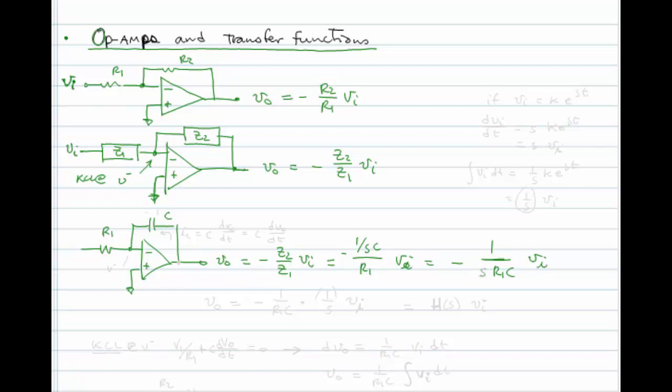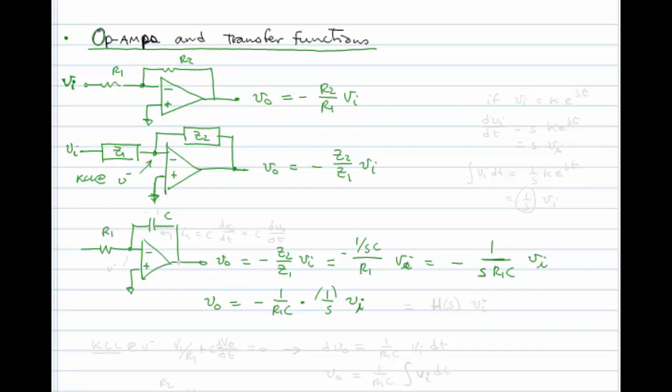Okay? And what this tells us is essentially that, let me rewrite it one more time. VO is minus 1 over R1C times 1 over S VI. Now you know by now that a 1 over S is really an integration operation, just like S times VI would be the derivative of VI.